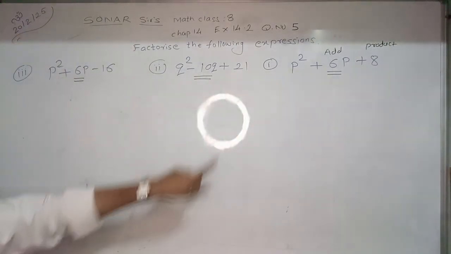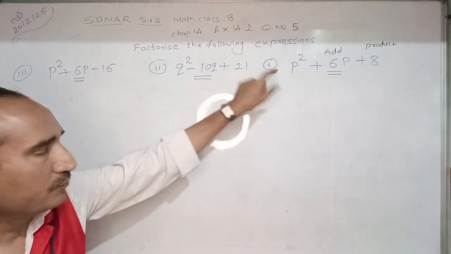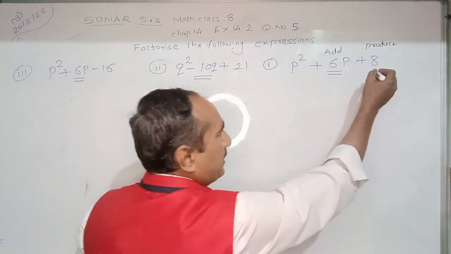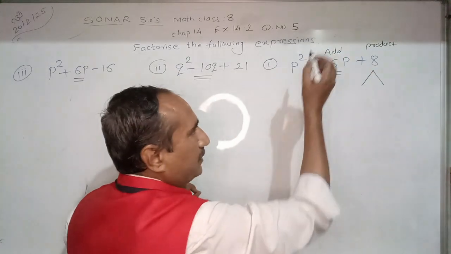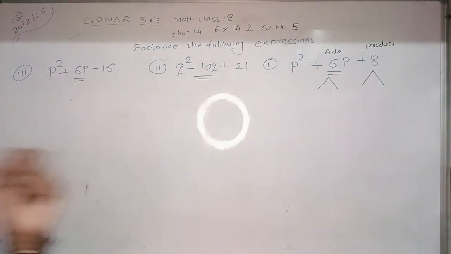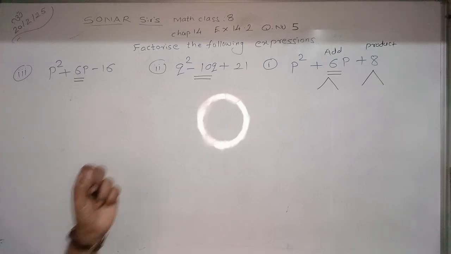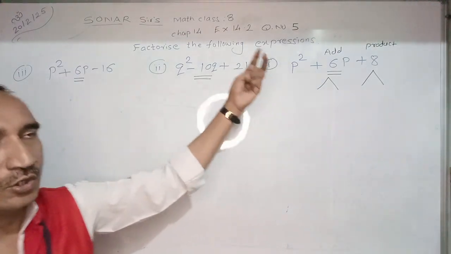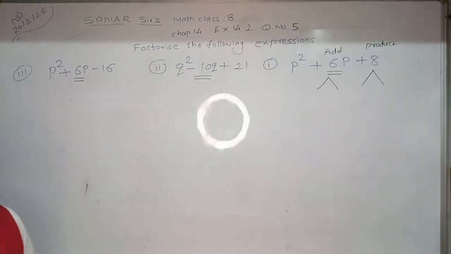For example, let's solve this first sub question. The constant number is 8 and the middle term is plus 6. Now for this we must know the rules of addition, subtraction and laws of multiplication.